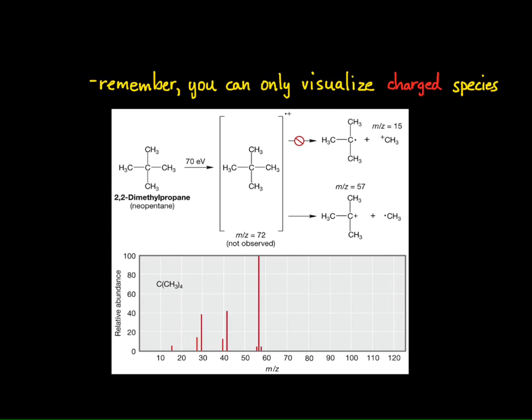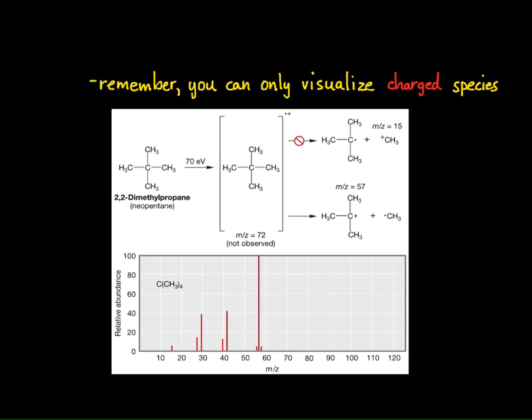If you calculate the mass of the molecular ion peak, you should see a peak at 72. And notice we don't see that peak at 72. The reason is that as soon as the molecular ion is formed, it is fairly unstable, and it readily dissociates into a tert-butyl carbocation, which is shown in the bottom reaction.